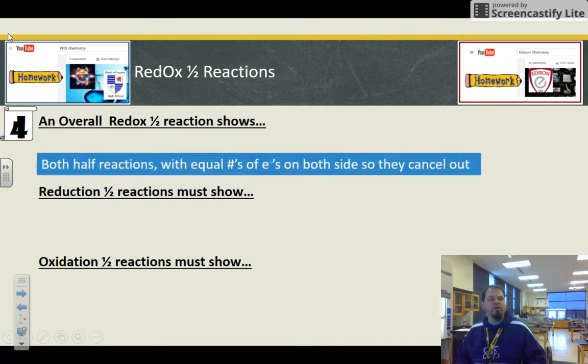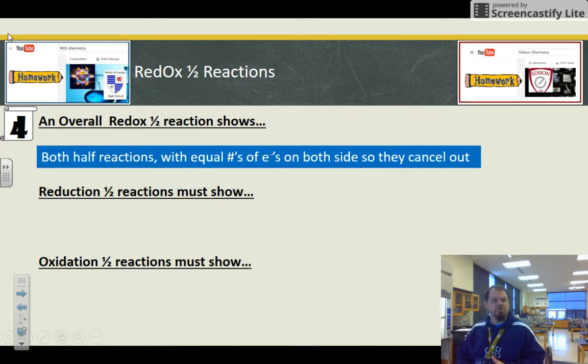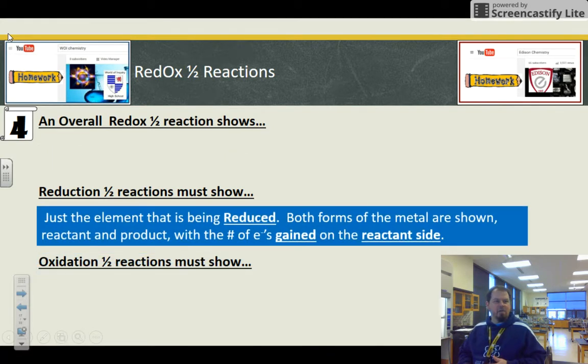Okay. Overall, a redox half reaction shows both half reactions with an equal number of electrons on both sides. So here we come to the final balancing of real equations. And then we actually have to balance those electrical charges. The reduction half reaction must show just the element that's being reduced.